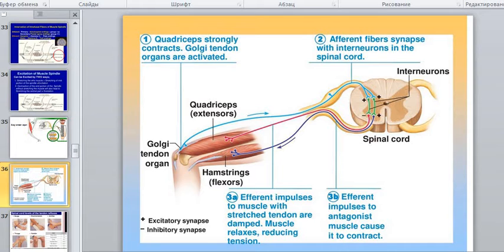So this organ is a sensory ending enclosed in a spindle-like connective tissue capsule that lies near the junction of a tendon with a muscle.